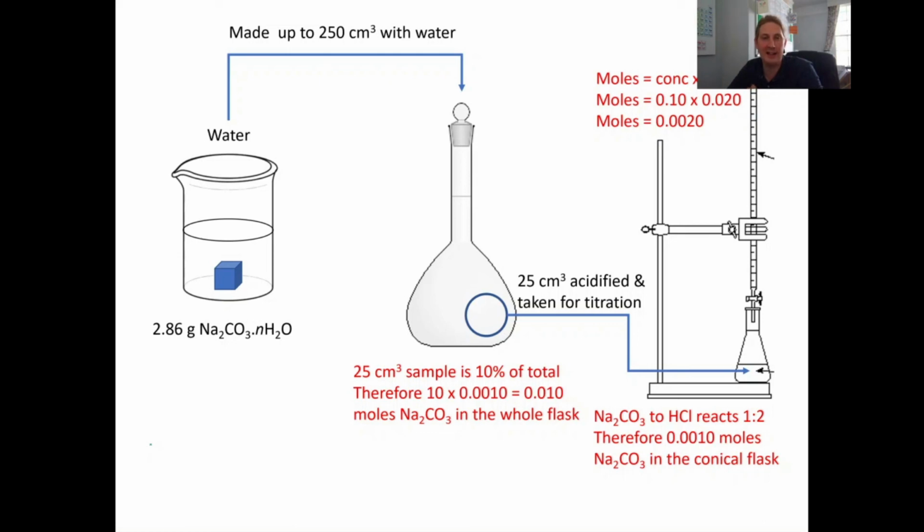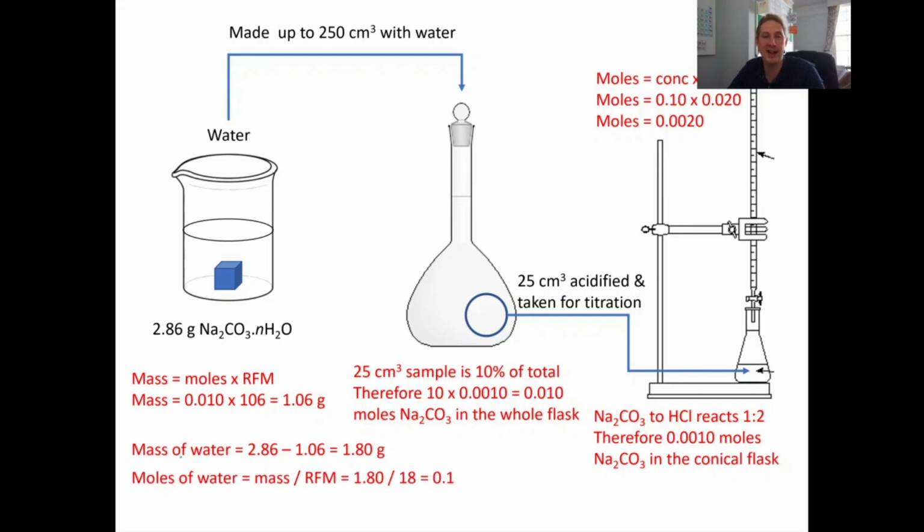Because we haven't reacted it, that means in the original block, there must have been that number of moles of sodium carbonate. So in this case, what I've decided to do is work out the mass that would be, 1.06 grams. So what accounts for the rest of the mass? Well, the rest of the mass must be the water. So the mass of water must be 2.86 minus 1.06, which is 1.8 grams.